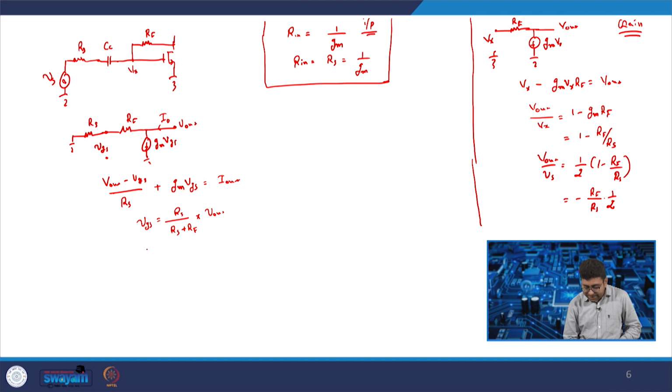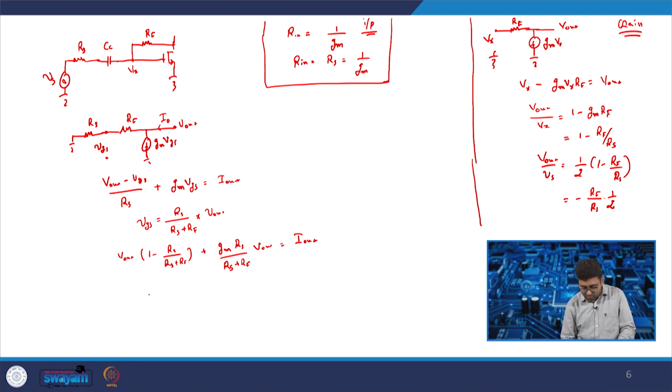If we put VGS in this equation, we will get V out, one minus RS upon RS plus RF, then Gm, RS, RF into V out, equal to I out.